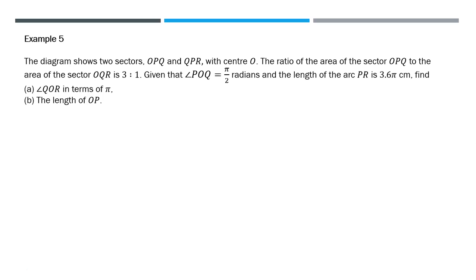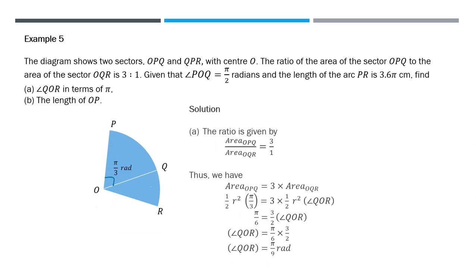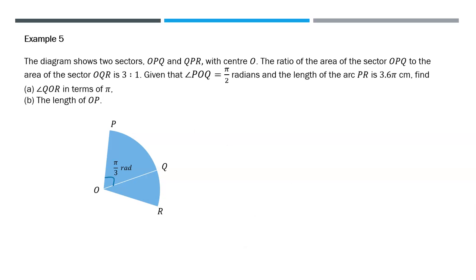The diagram shows two sectors OPQ and QPR with center O. The ratio of the area of the sector OPQ to the area of the sector OQR is 3:1. Given that angle of POQ is pi over 2 radian and the length of PR is 3.6 pi cm. Find the... Okay.